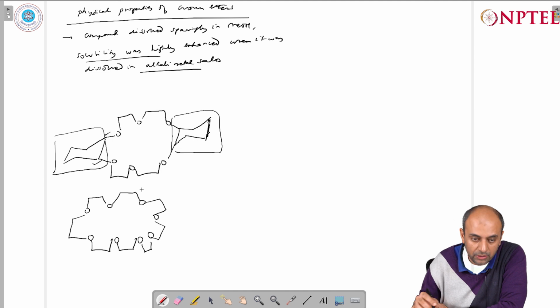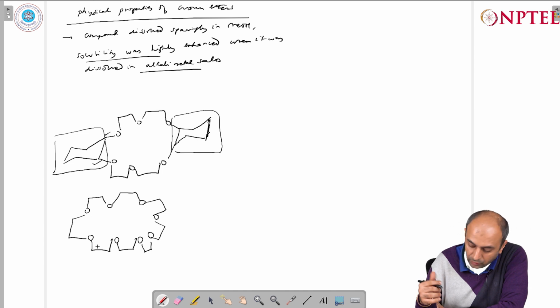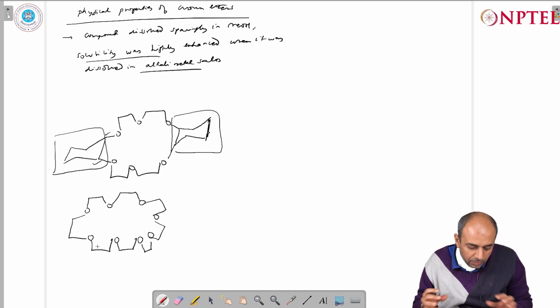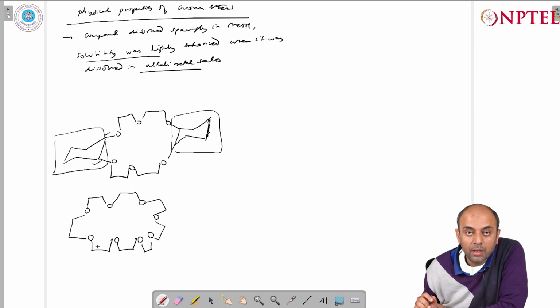We can make a 7 oxygen atom system. So we can make these larger size crown ethers so that we can accommodate larger size cations, for example, cesium and rubidium, etc.